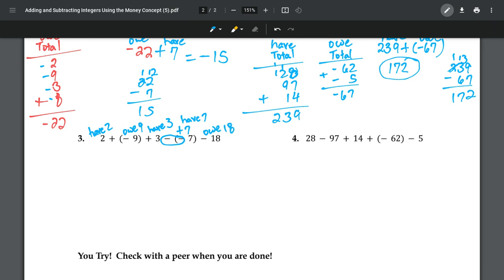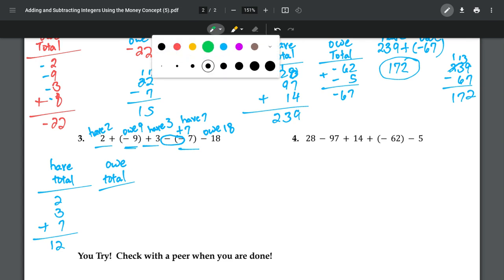So let's figure out how much you have in all. And then I'll figure out how much you owe in all, okay? Let's see. You have 2, you have 3, you have 7, but that's all you have. So that means you have a total of 12 bucks, okay? How much do you owe me? Let's see. You owe me 9.